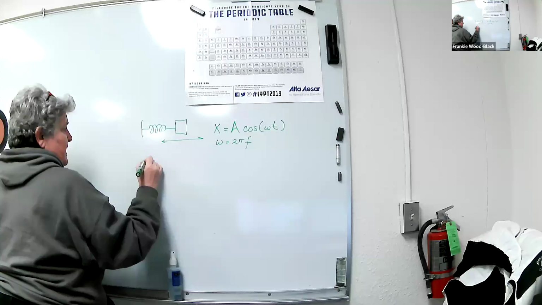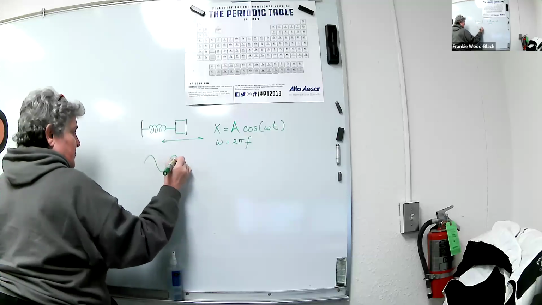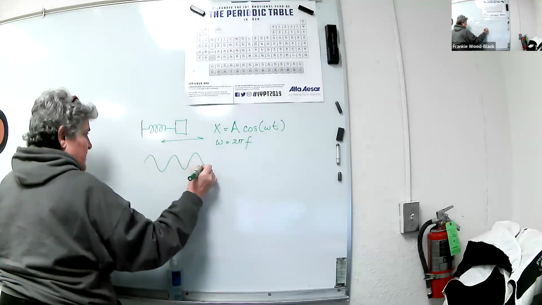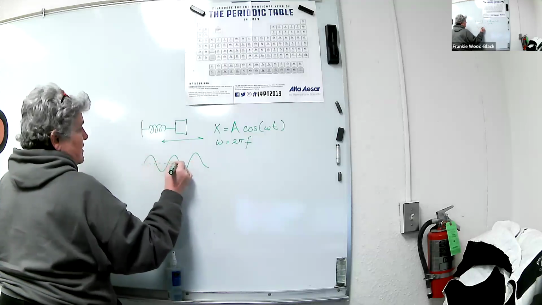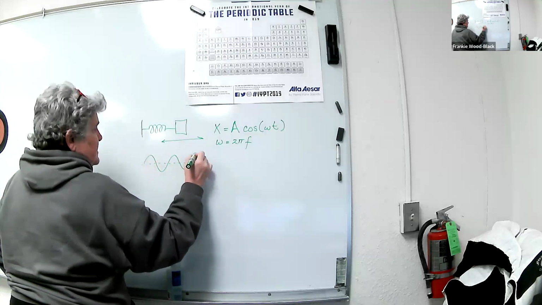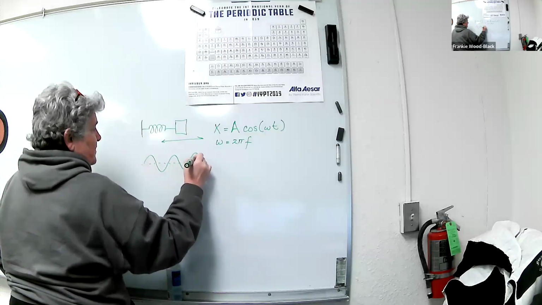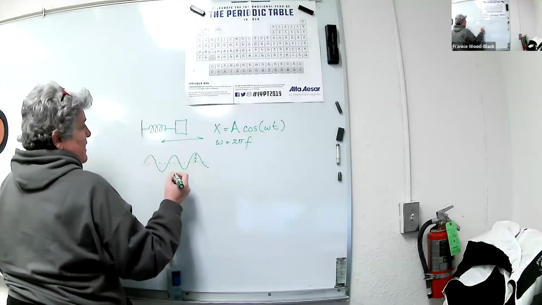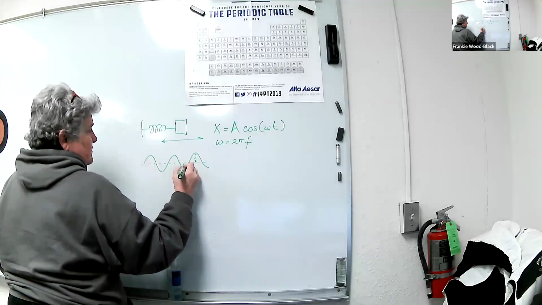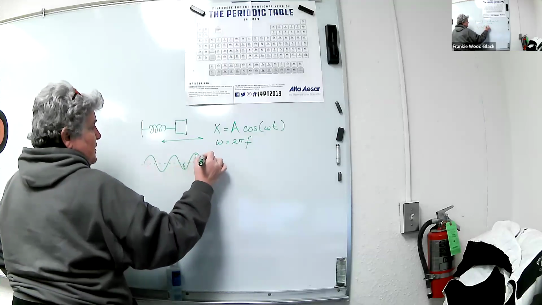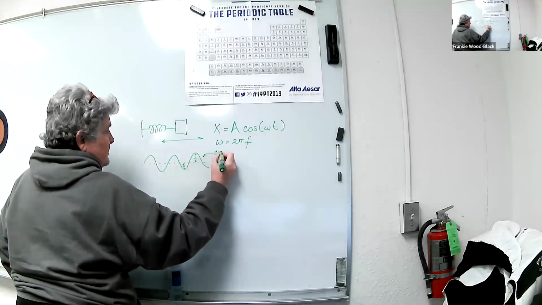And what we were saying is that this was going up and down and up and down. And this would be our amplitude, and this represents our cosine wave.